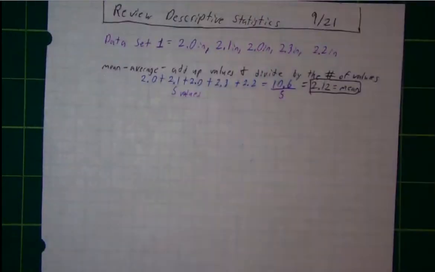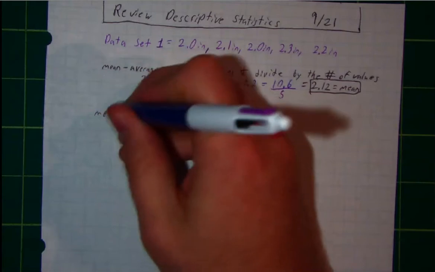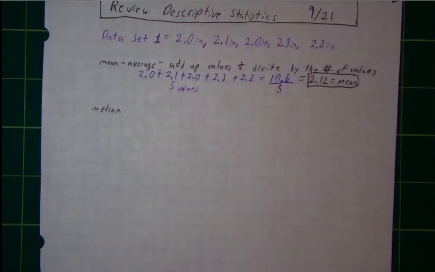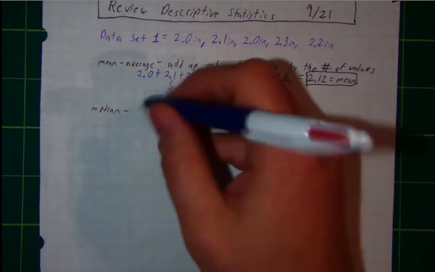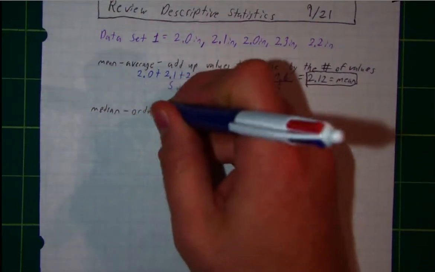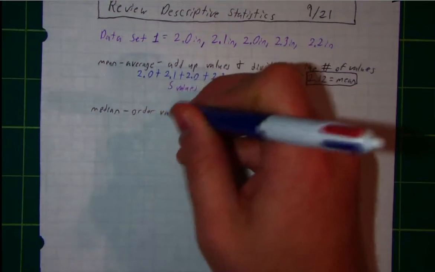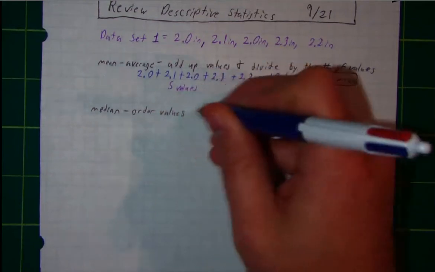And so, what about our median? To take our median, the first thing we need to do is order our values from lowest to highest.